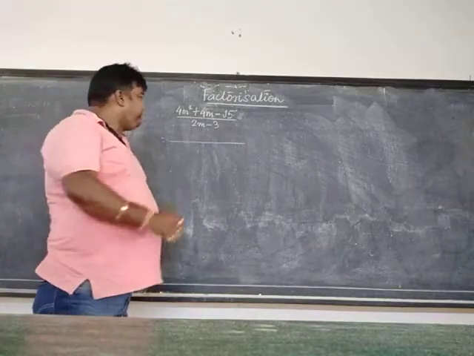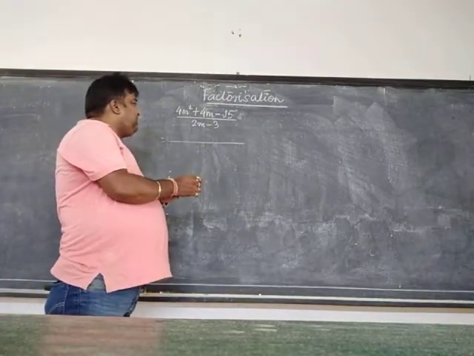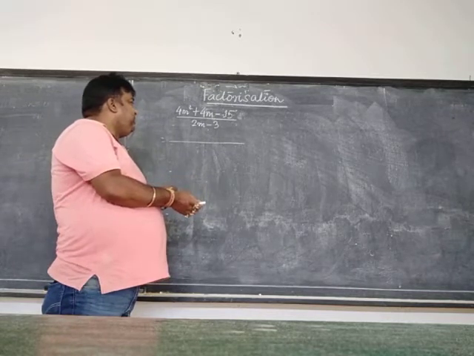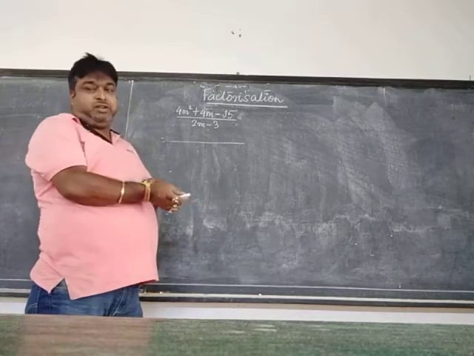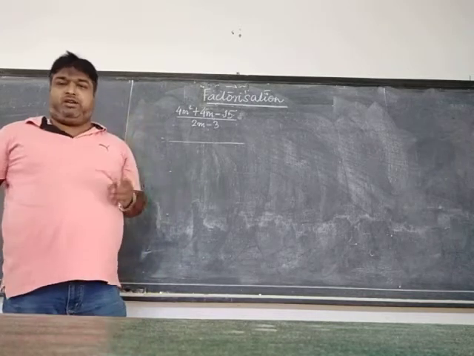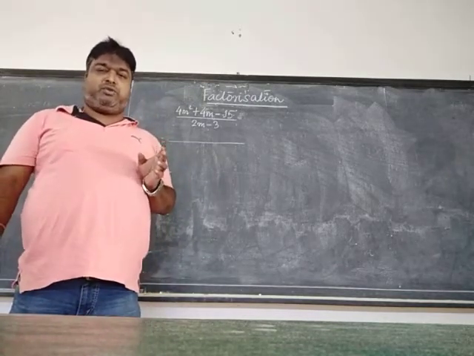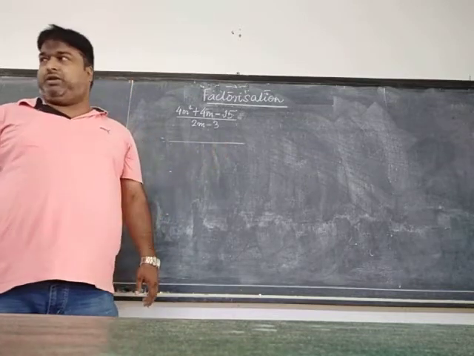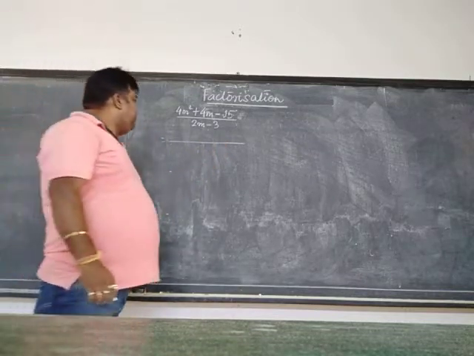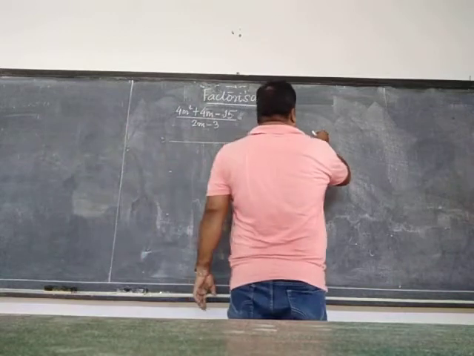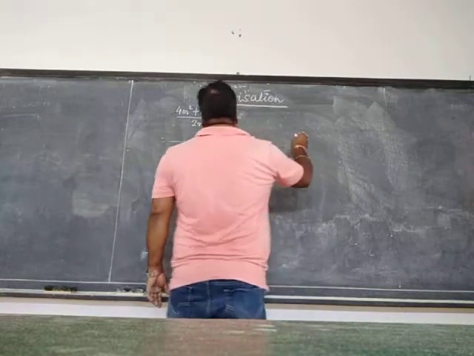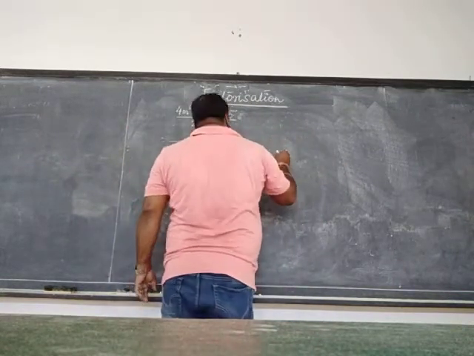Okay, class. As I was telling about the midterm factorization, in your earlier videos we have discussed many terms related to this midterm factorization, isn't it? So, once again, what is that?